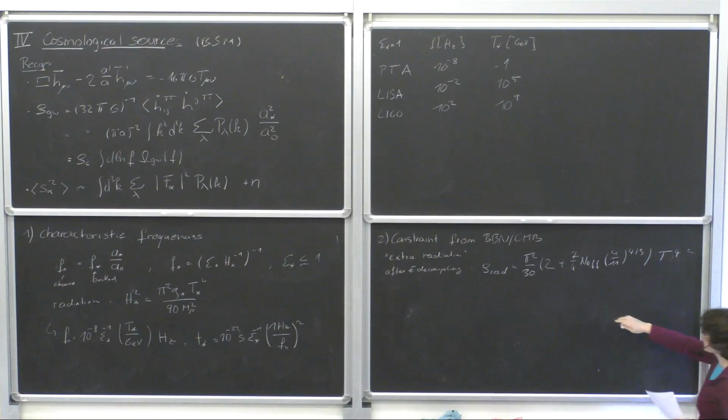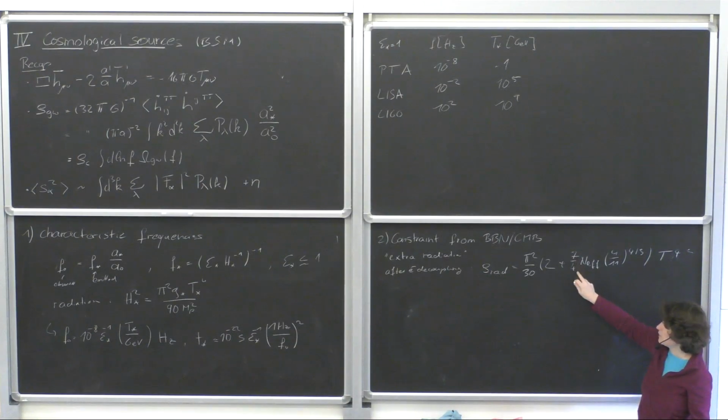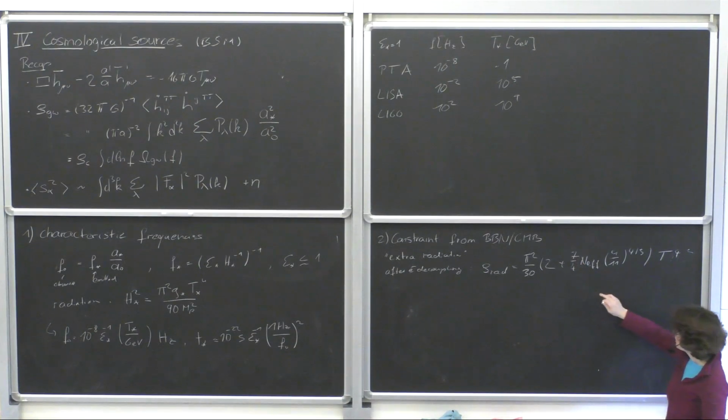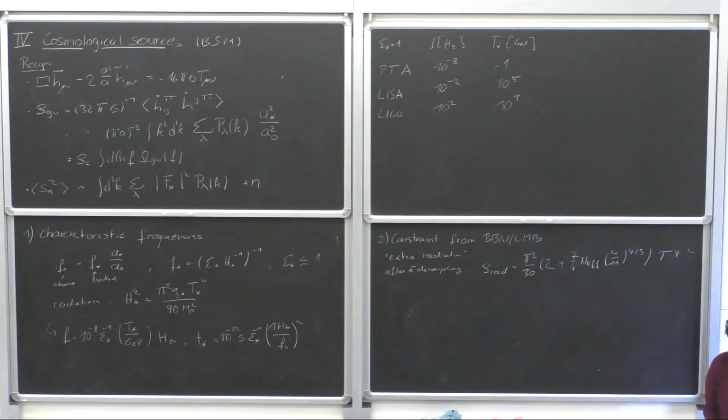Radiation energy density scales with T to the 4. The 2 is the 2 degrees of freedom of the photon. Here come the neutrinos. Here you have a prefactor just because they're fermions. This 4 over 11 is the difference of the neutrino temperature to the photon temperature, because when the electrons decay, they reheat the photons, but not the neutrinos. And the n here is the number of neutrinos.